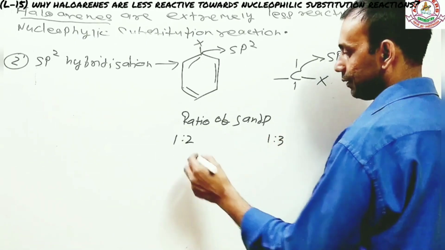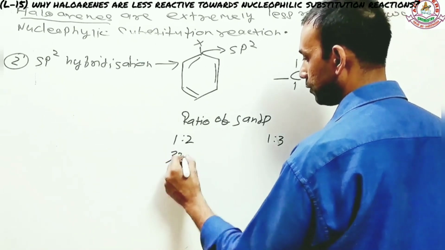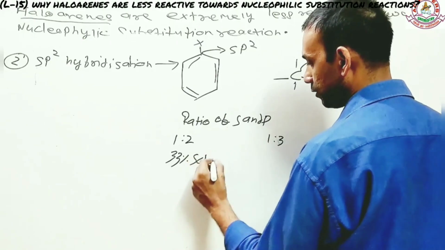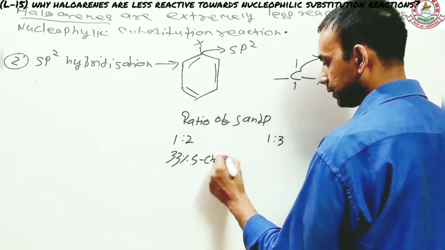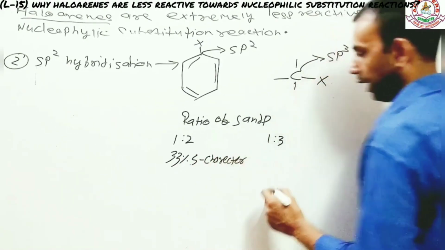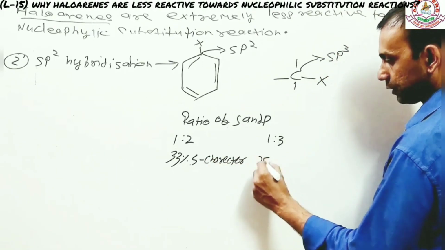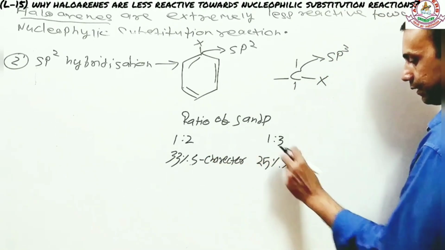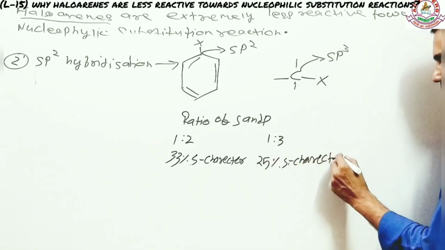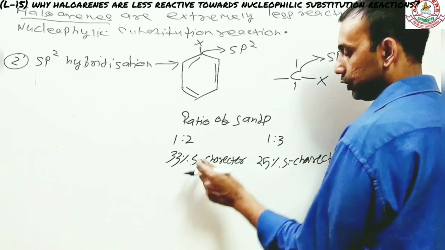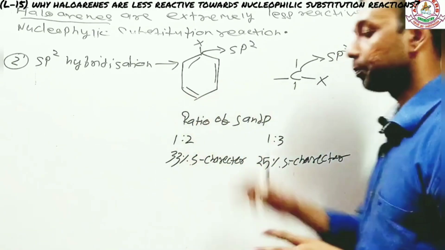So this is 33% S character, and there it is 25% S character. So the S character is more in this case.